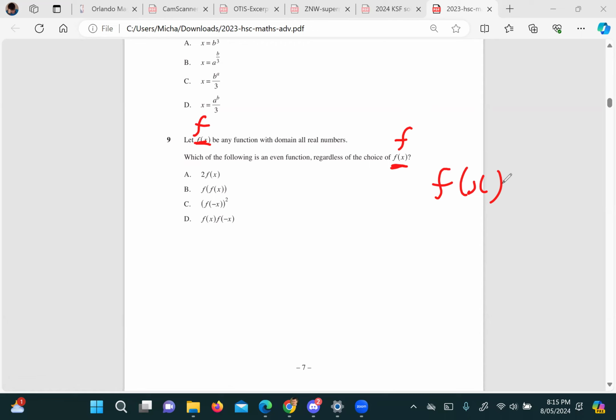Do you know what even means? Remember we talked about this last week. You know what it means? Positive. So it gives a positive. Yeah, so in general it's this property: if you switch the x, it's still the same.